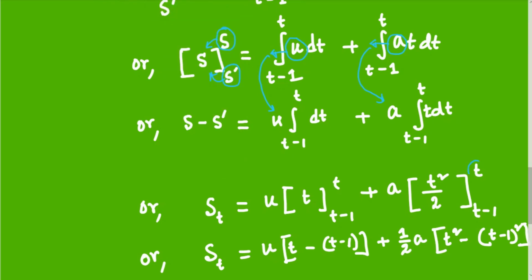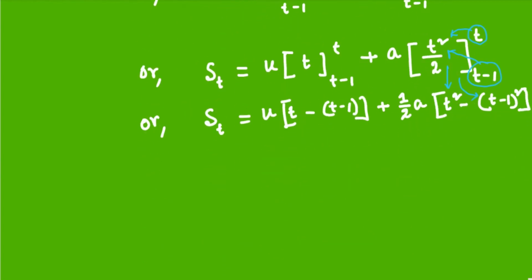Now putting the upper limit t in place of t square, we get t square. Putting the lower limit t minus 1 in place of t, we get (t minus 1) whole square.